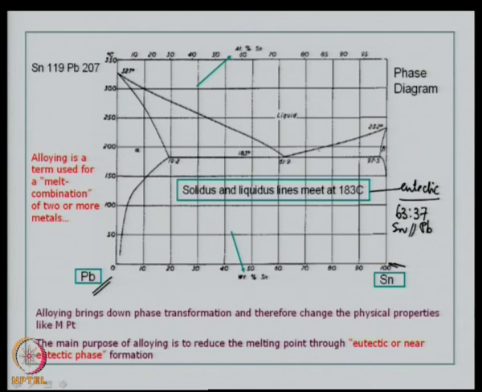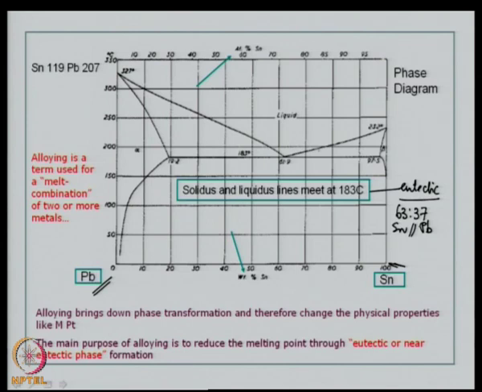This is the very common material that has been used in the industry for decades now, and the reliability of this solder alloy has been well established. Alloying is a term used for a melt combination of two or more metals, in this case tin lead. Now, what does alloying do?